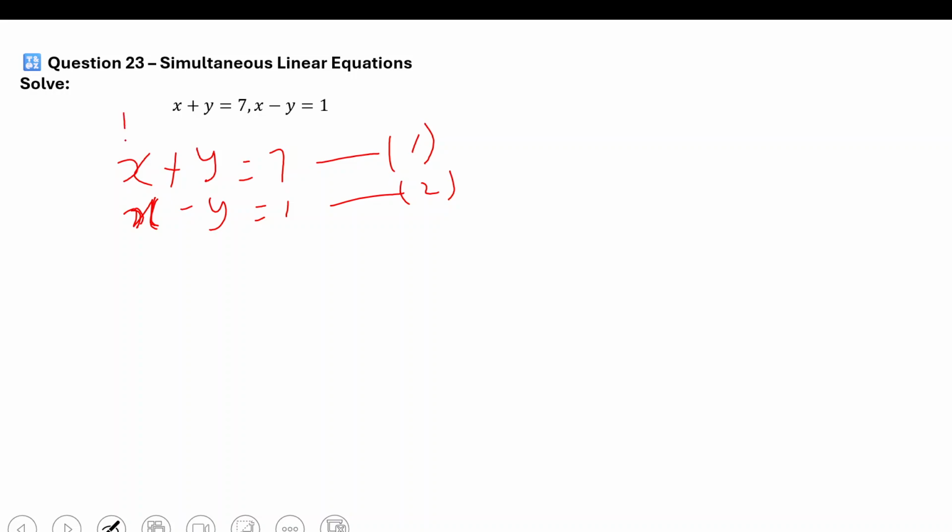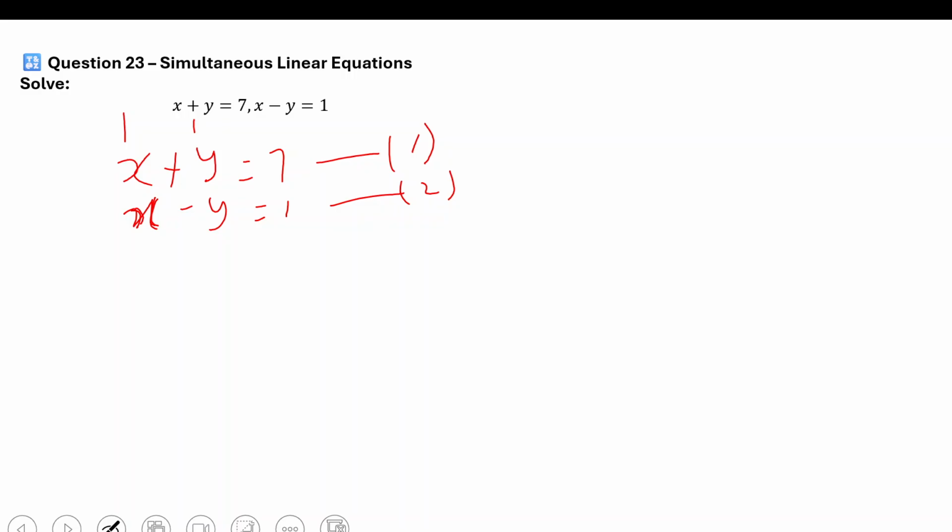I have variable x and variable y. My task is to find them at the same time. Okay, to find the values of x and y that satisfy these two equations together at the same time, right? That's what simultaneous equation means.